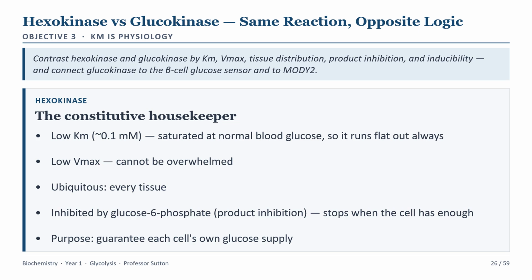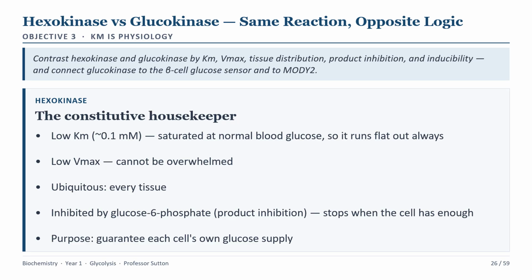It has hexokinase first. It has a low Km, approximately 0.1 millimolar. Blood glucose sits around 5 millimolar. What this means is hexokinase is fully saturated at all normal glucose concentrations. It runs flat out all the time. It has a low Vmax, so it cannot be overwhelmed.